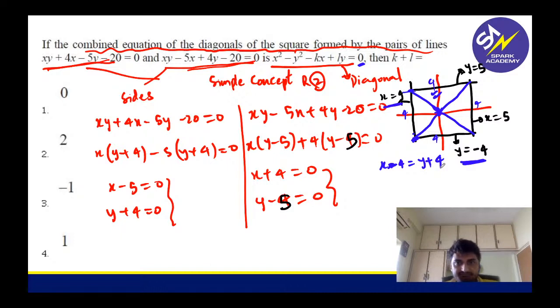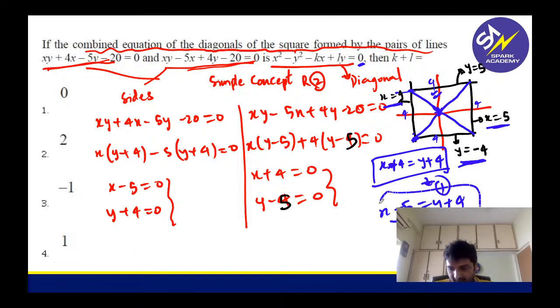So in this way, x plus 4 equal to y plus 4. This is 1. Then equate these two as well: x minus 5 equal to y plus 4. So you'll get 2. This is equation 1, this is equation 2. Just multiply these two and you'll get the answer.